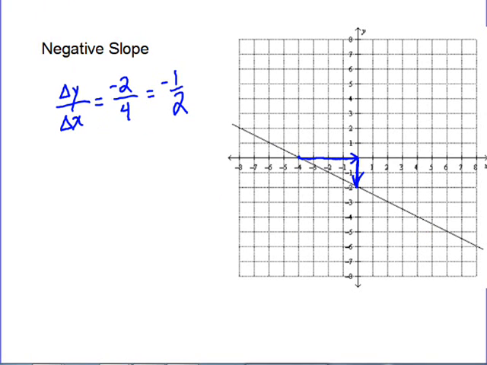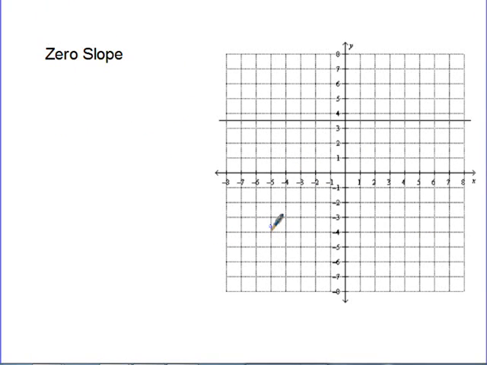Well, let's take a look now at a zero slope. If we just choose any 2 points on this line, as x increases, what's happening to the y? It's not going up or down either direction. It's not changing at all.